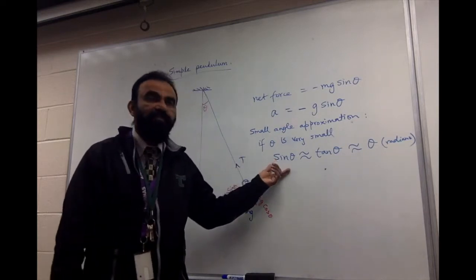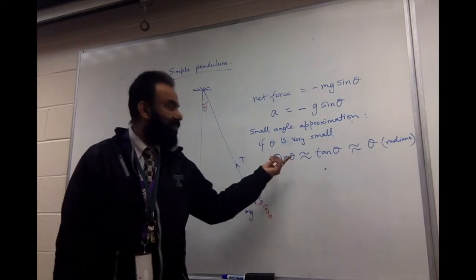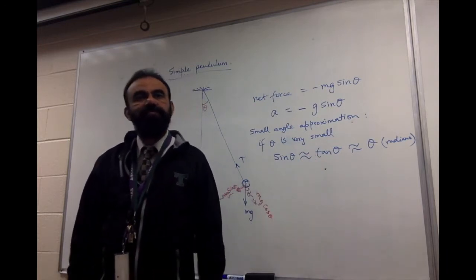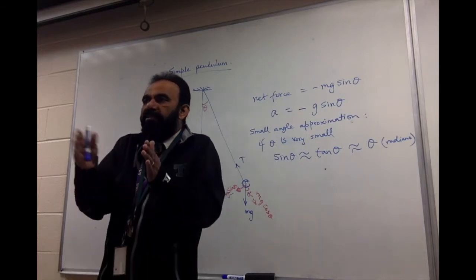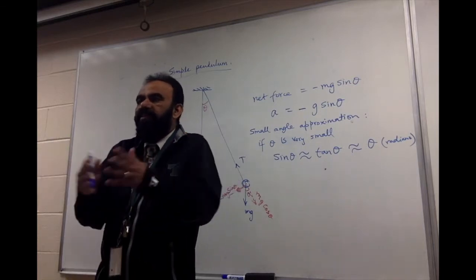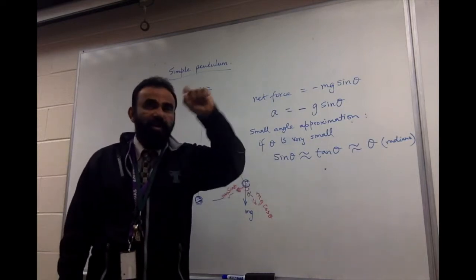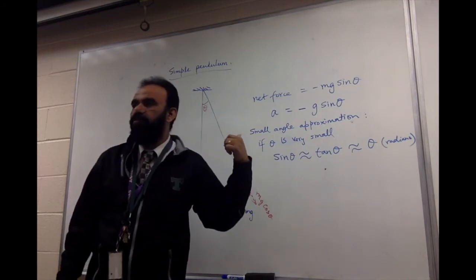Even for 10 degrees, check it out, it is not greatly different. Sine of 10 and tan of 10, very close. So the larger the angle, the more it deviates. Small angle approximation simply means for small angles, something less than 5 degrees is considered a good small angle.